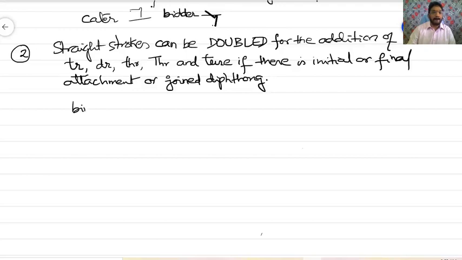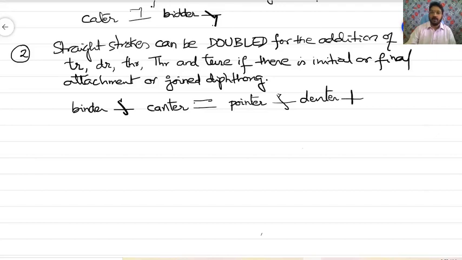Binder. Though it is first place, straight strokes passes through the line, right? Canter. Pointer. Denter. Joinder.